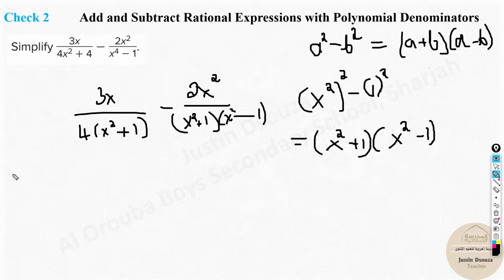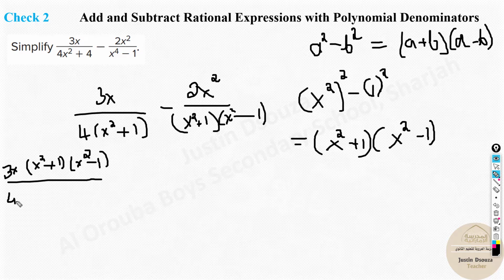So it becomes, I'll just write over here, 3x multiplied with these two terms, x squared plus 1, x squared minus 1, divided by 4 times x squared plus 1, again there is x squared plus 1 and x squared minus 1. I hope this is clear. This is plus 1. Now how did we get this? This is because we multiplied this denominator up and down.